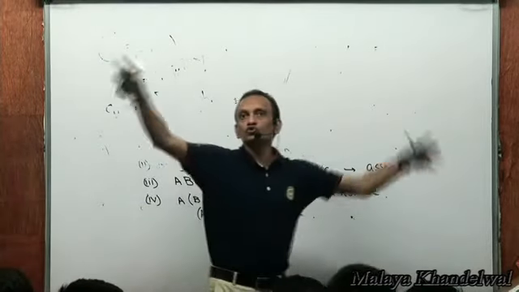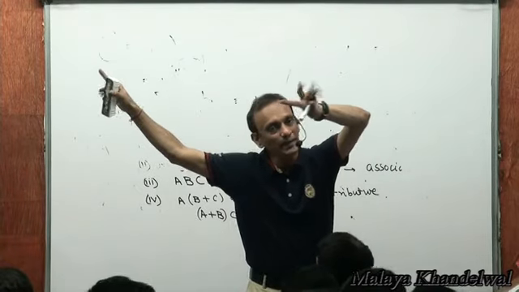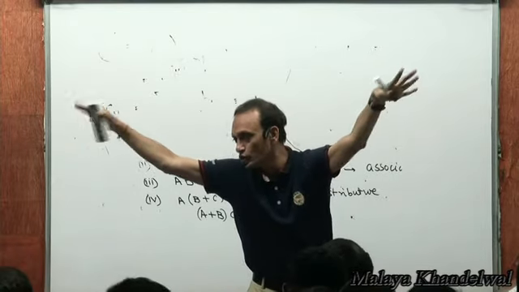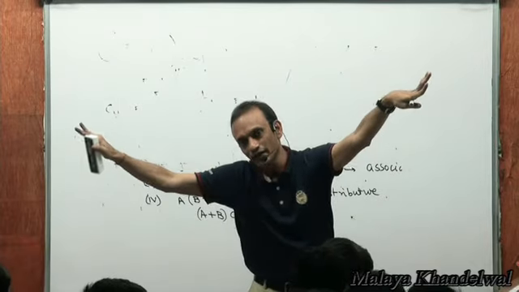And two matrices would be equal. One, they have to be of the same order, m by n. Two, their corresponding elements must be equal. That's when two matrices are equal. Two matrices would be equal if their corresponding elements are equal.